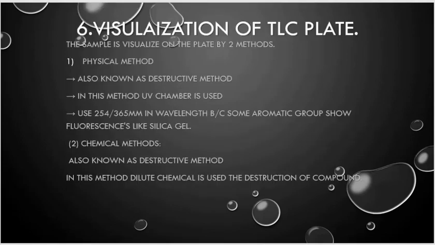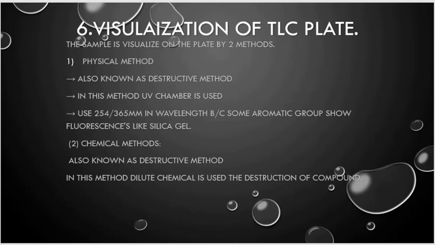Then after development, as our TLC plate is developed, we have the visualization of the TLC plate. The sample is visualized on a plate by two methods, physical and chemical. The physical method is also known as non-destructive, while the chemical is known as destructive.